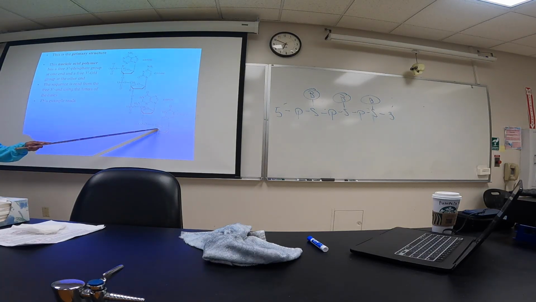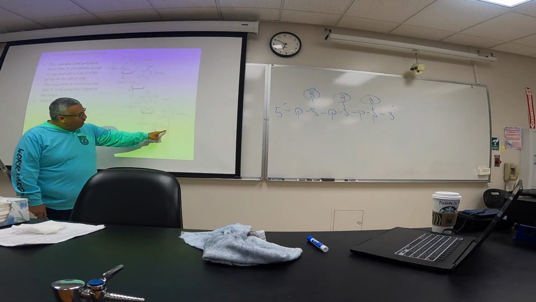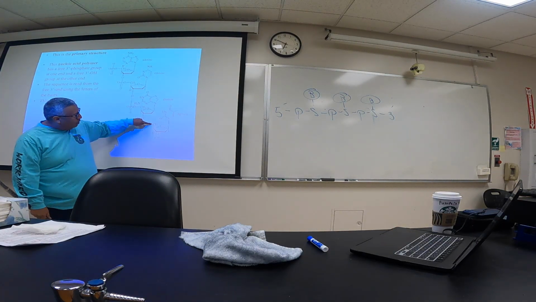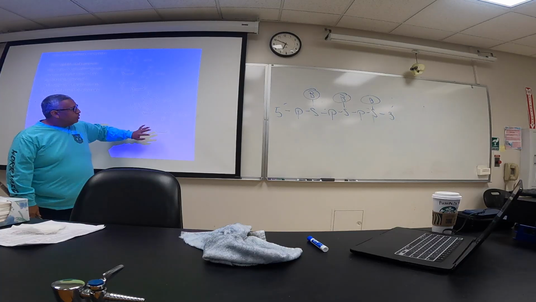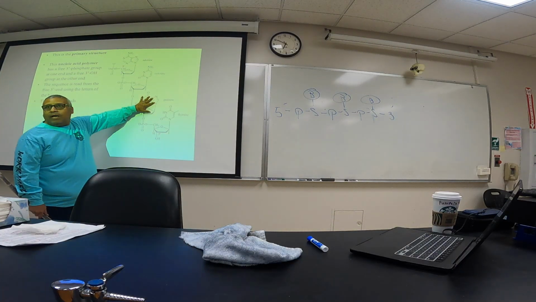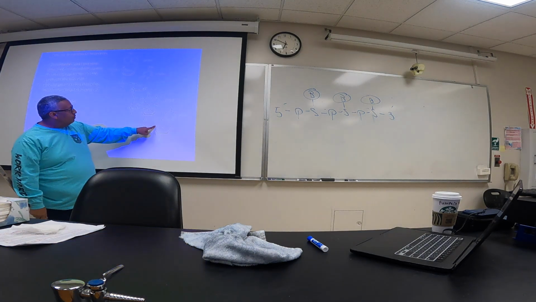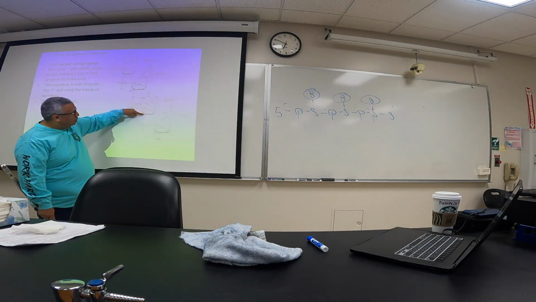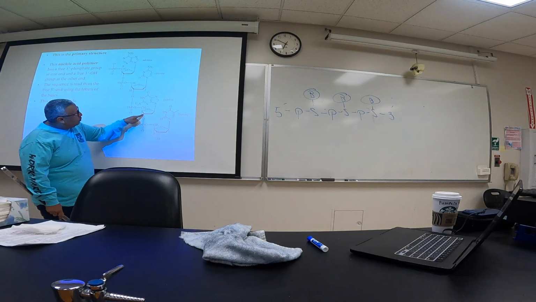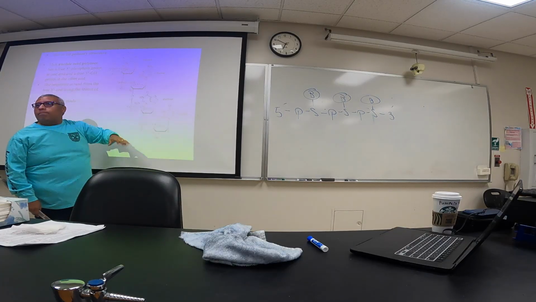If we take a look here, this is carbon number 1, 2, 3, 4, 5. So this nucleotide is bonded to this nucleotide from carbon numbers 5 and 3. 1, 2, 3, 4, 5, 1, 2, 3, and there's the phosphate that's bonded between them. 1, 2, 3, 4, 5, 1, 2, 3, and there's that phosphate that bonds those two.